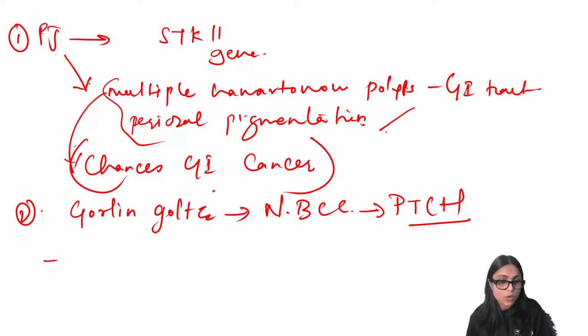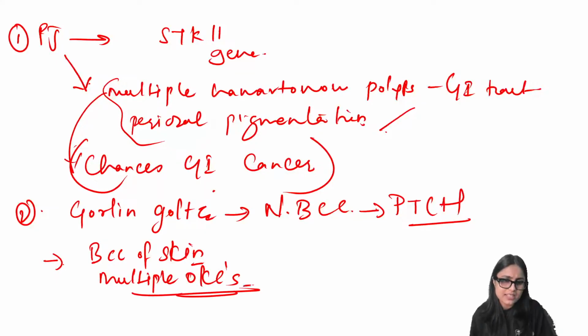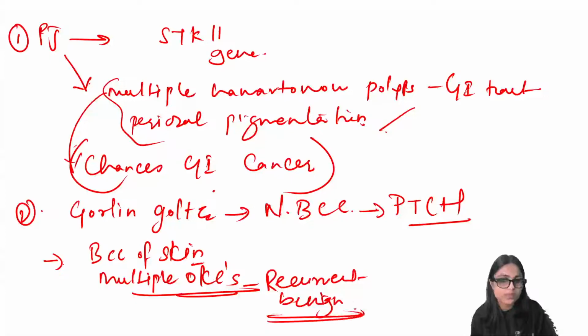And what oral feature do you see? Multiple OKCs, correct? But these OKCs are recurrent but still benign. These are benign, not malignant, correct? So chances of oral carcinogenesis again low.